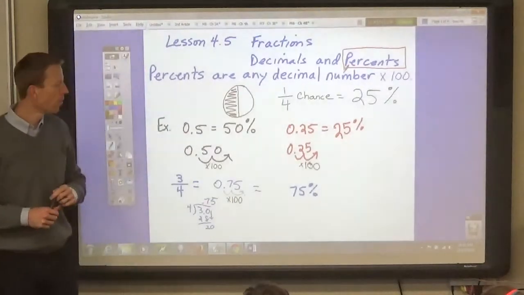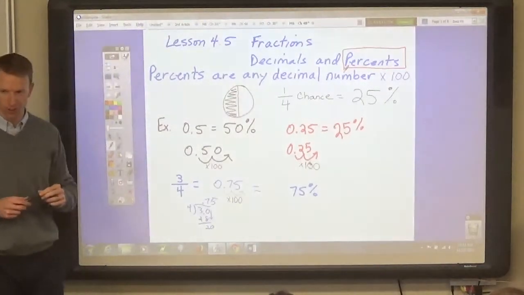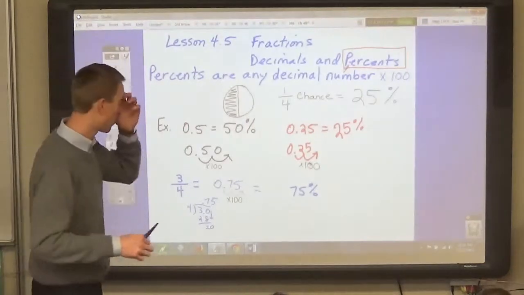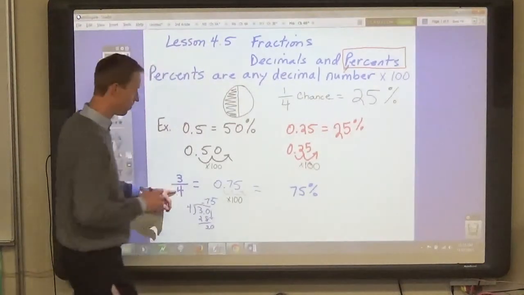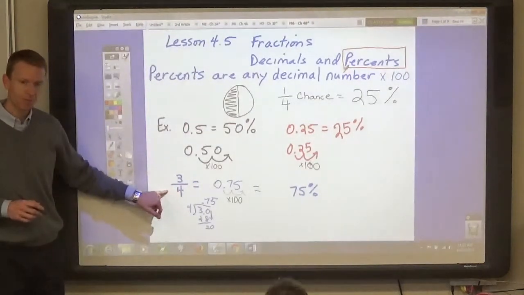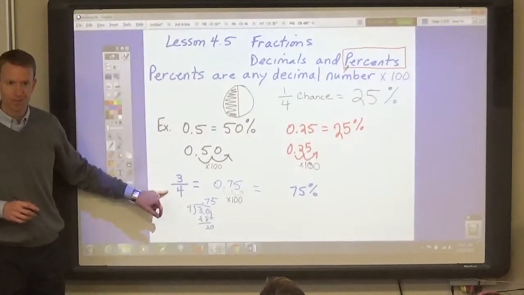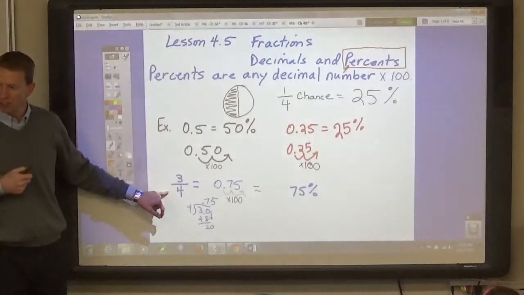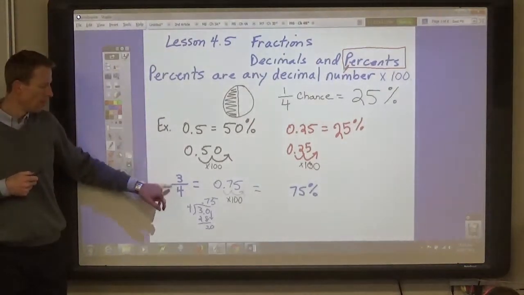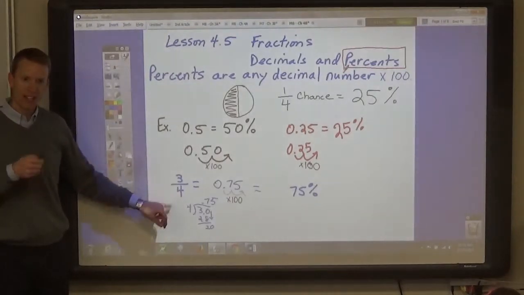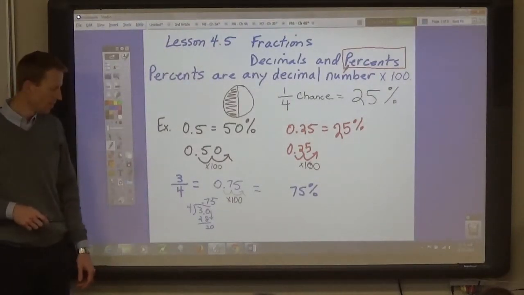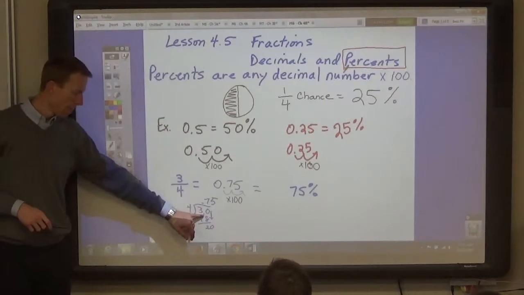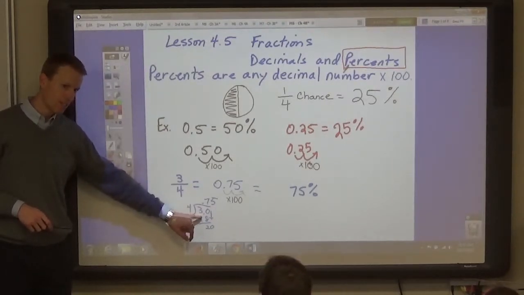Now, if 3 out of 4 people like pizza, then we'd have to convert that to a decimal first. How do you convert 3/4 to a decimal? If you asked 4 people and 3 of them like pizza, we can find the percent. How do we do that again, Bryce? Since 4 is basically 25, because 25, 50, wait, look at this.